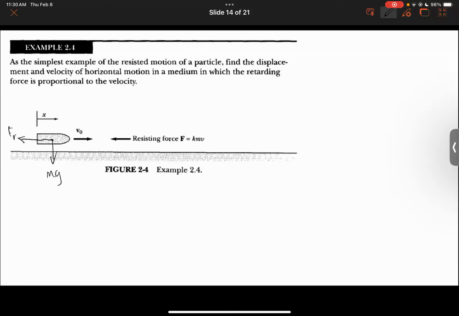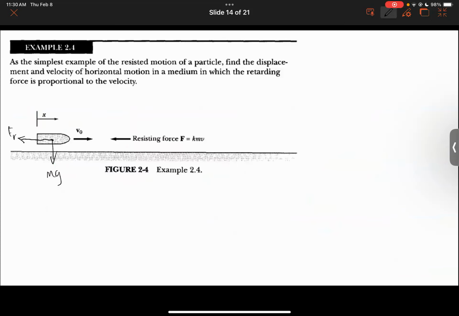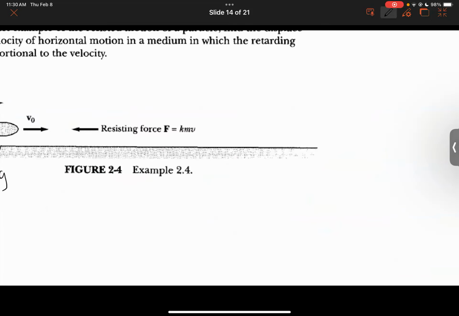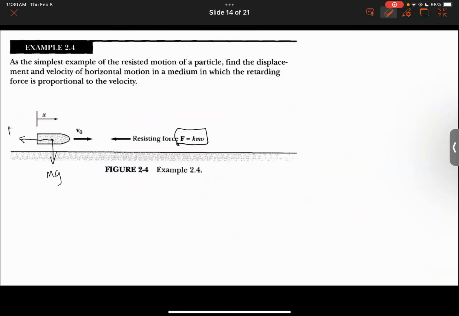Okay, so F_R. And ang gamitin natin is itong expression na ito, kmv. So F_R in this case is kmv. Okay, so for consistency, tanggalin ko lang itong F na to, yung subscript na R pala, and mg. Okay. So the force F is equal to kmv.